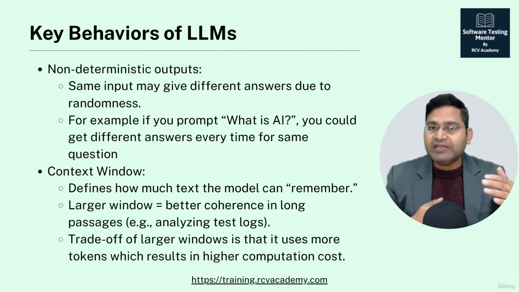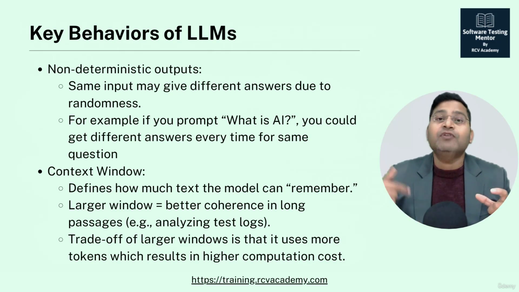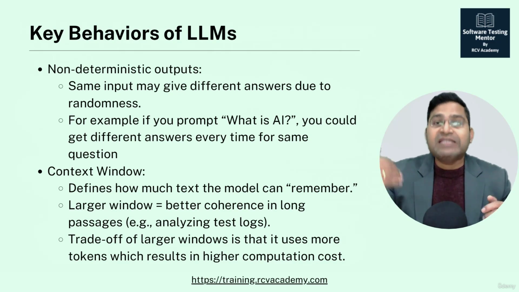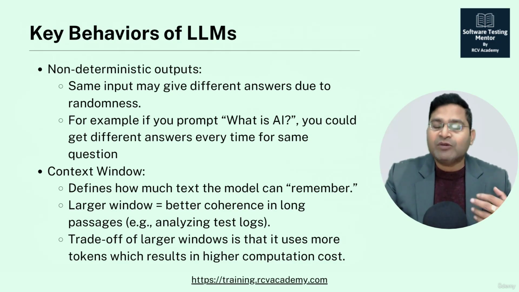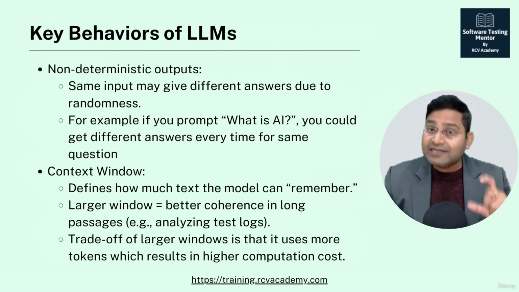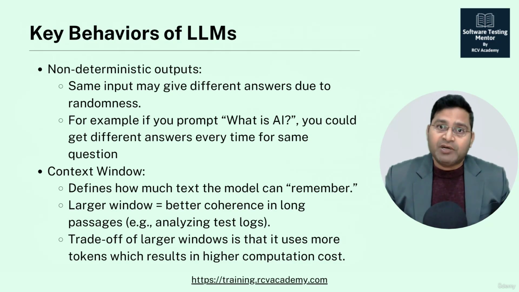Only if it remembers will it be able to provide me the correct answer. If it can only remember the last 5,000 words, then it is missing the initial 5,000 words of my question. So does it remember, and how much does it remember of the question that I am typing in the prompt?